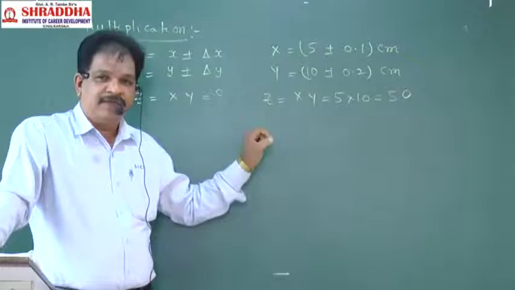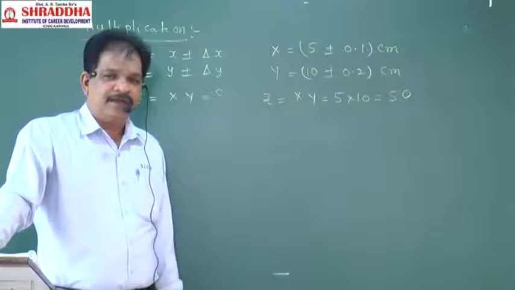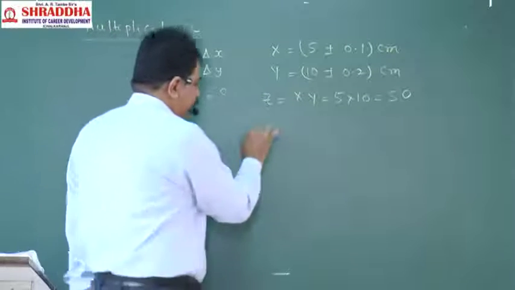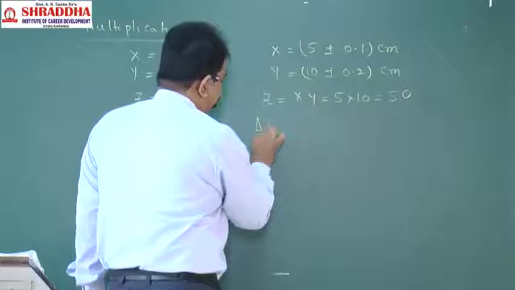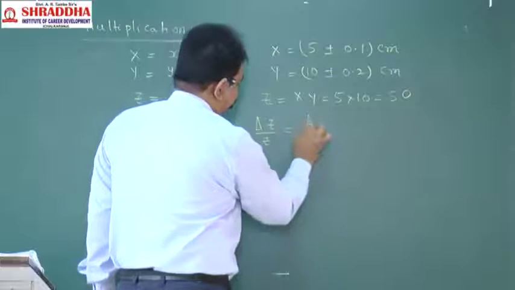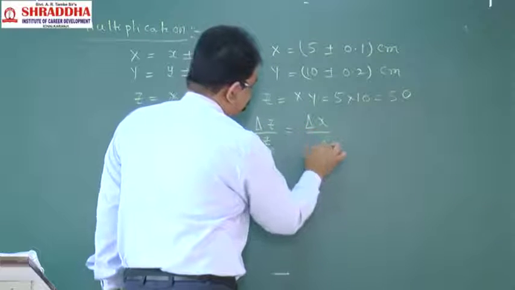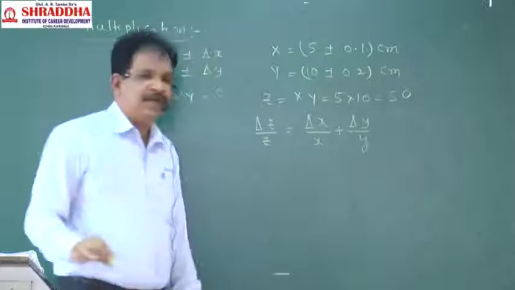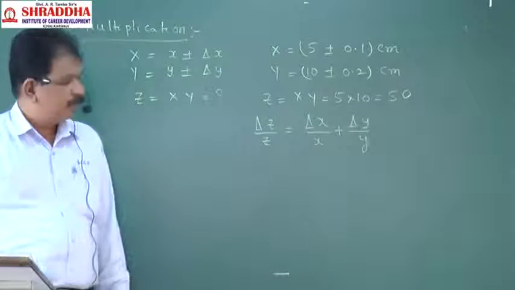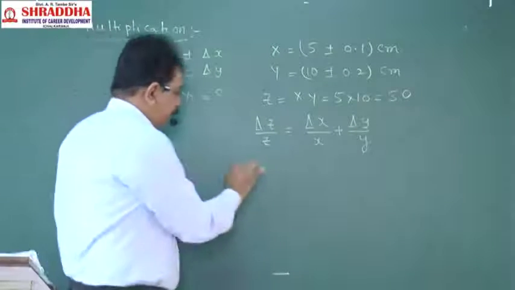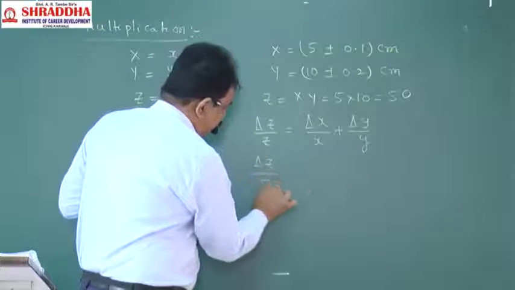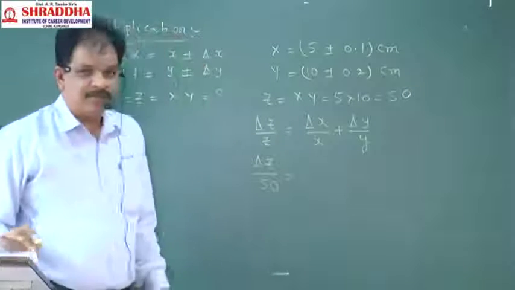Finding the errors will be a little bit undigested part. How to do that? Delta z by z is equal to delta x by x plus delta y by y, as we told. So delta z by z, where z is 50.